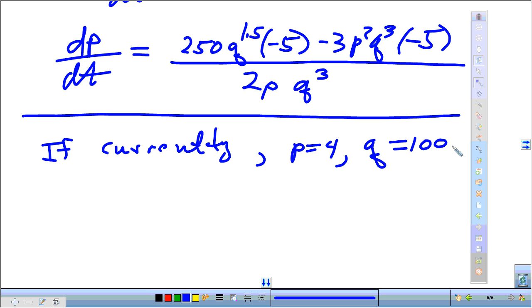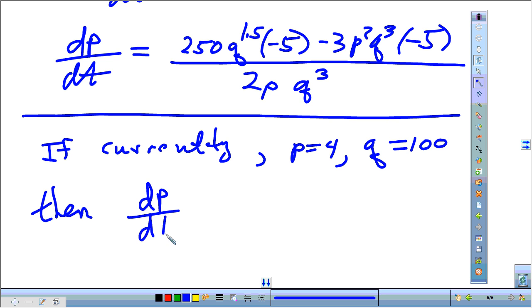And so there was a point on the curve. If Q is 100, P is 4. So if that was our current state, then we could come up with a particular rate of change of the price.